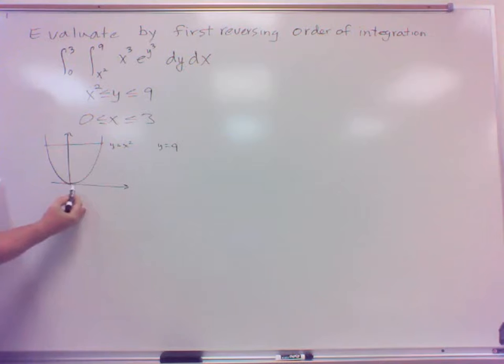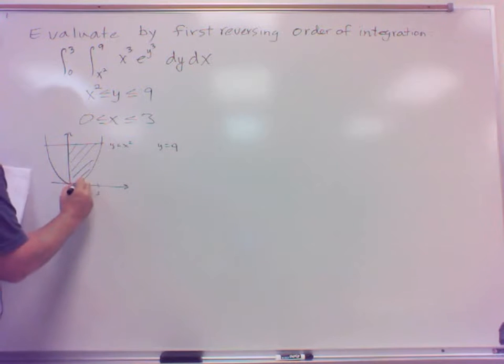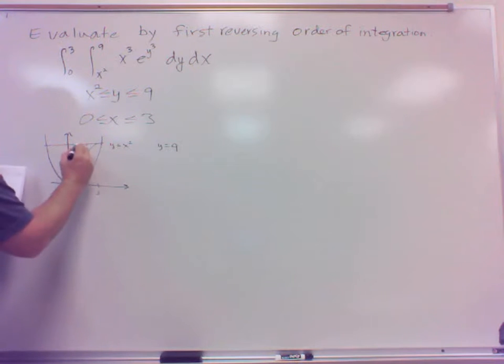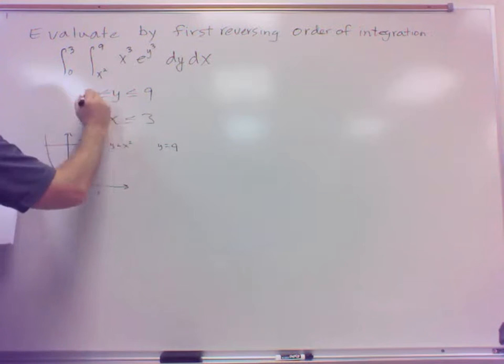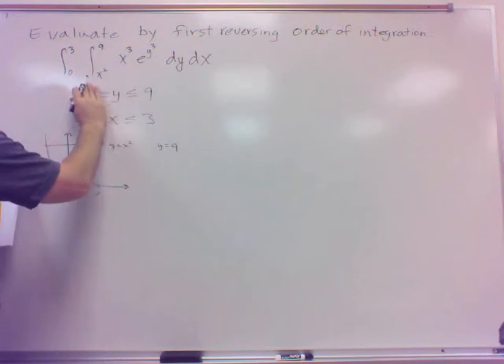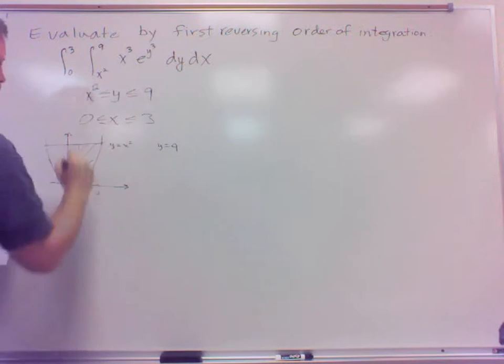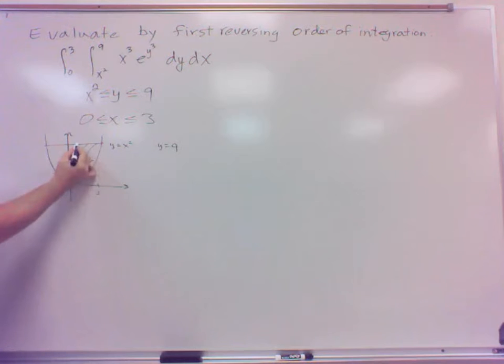With my x going from 0 to 3, I'm talking about this part of my graph. And so we go from x squared to 9 in y.